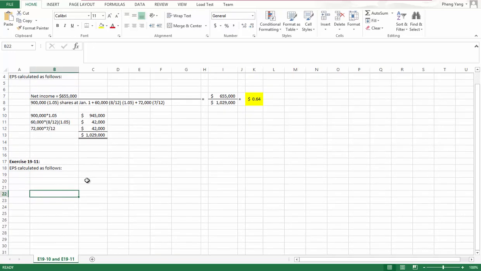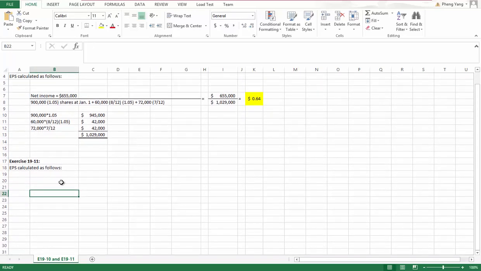So I'm going to do the same thing. The Alford Group had 202,000 shares of common stock outstanding at January 1st, 2013. The following activities affected common shares during the year. There are no potential common shares outstanding.